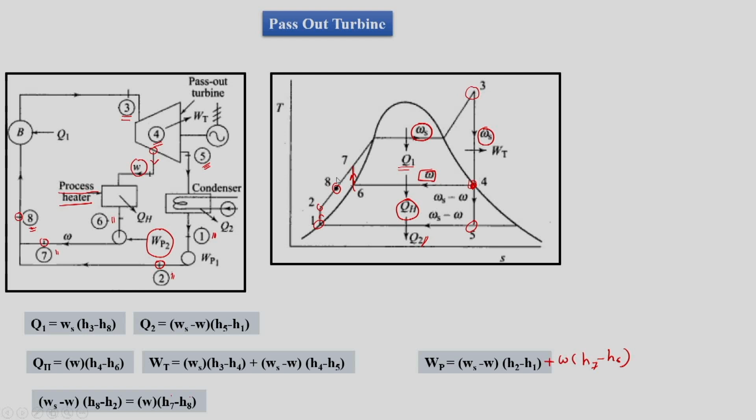Practically, in the other case, what we were writing was that we have Ws minus W amount of water at state H2 that is mixing with W amount of other water at state H7, and both are mixing, and then we are forming Ws amount of water at state H8.